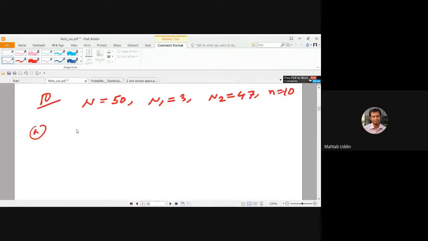Exactly one, actually, is probability of x equal to 1, right? That is, from 3 defective items you can take 1. And from 47, you can take 9 elements because in total 10, right? Divided by out of 50, you take what? Am I right?